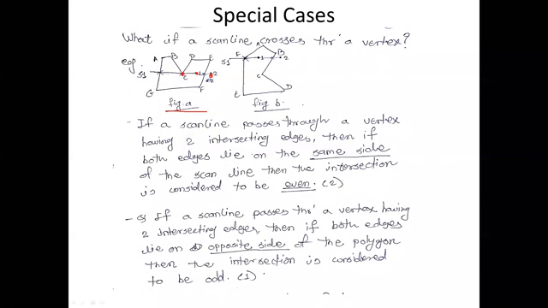The rule says that if both those edges lie on the same side of the scan line, see here, this is your scan line, and both of these two edges BC and CD are lying on the same side, that is on the upper side of the scan line. If these two edges are on the same side, then you have to consider the number of intersections as 2. So how many intersections will be there now? Can anybody tell me? For pixel 1, how many intersections are there with the polygon edges?